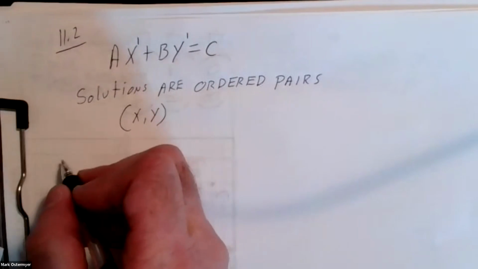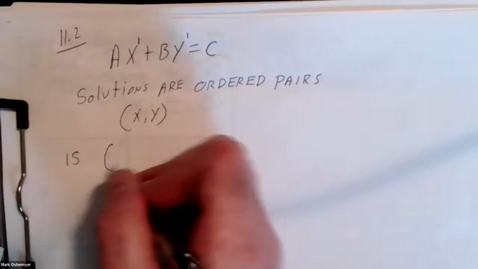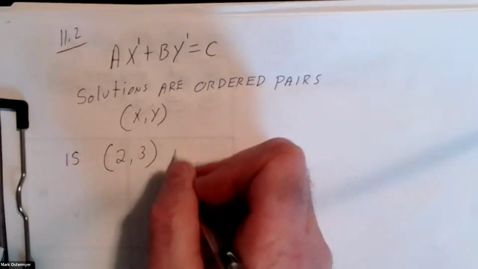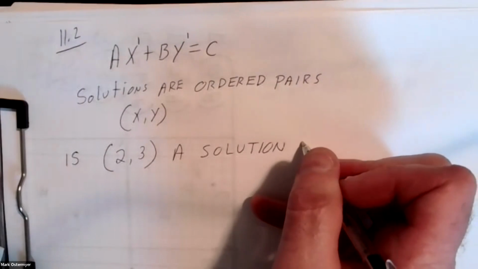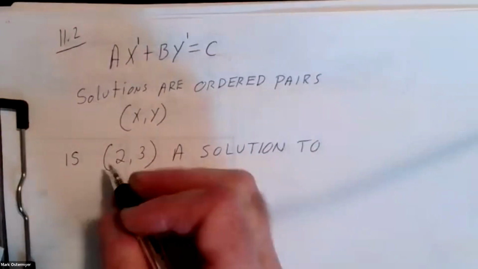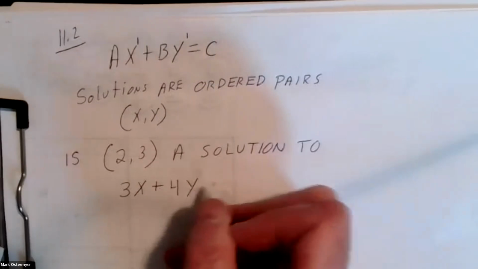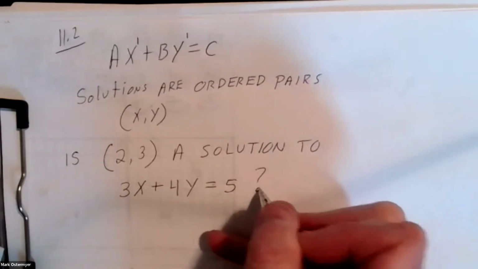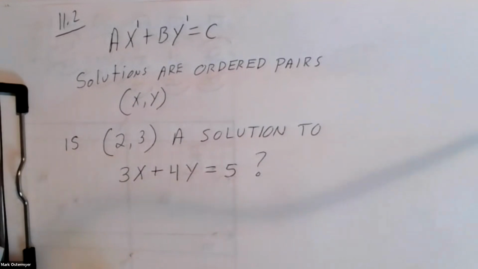So I'm going to pull this out of thin air and ask ourselves a question: is the ordered pair 2, 3 a solution to this linear equation in x and y? Well, if it's a solution, it has to satisfy the equation.